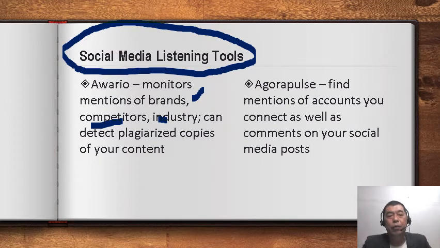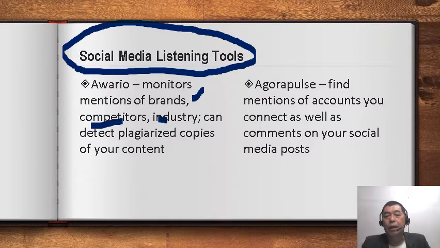And one is Awario. There are a lot, no? So that you can detect the plagiarized copies of your competitors' content. Of course, no company would like to copy paste any words or sentences or statements that are used by other owners. So one of the listening tools that is mentioned is the online plagiarism checker, no?